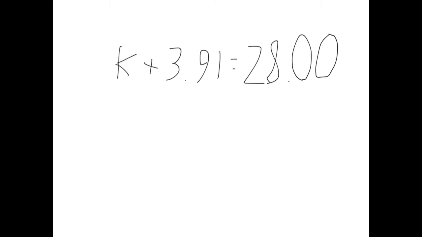Okay, so now we are going to be doing addition. But what you have to do to undo addition, you can probably guess it, subtraction. Yep, there you go. And, oh yep, almost forgot. You gotta do it on both sides. So you gotta do both sides here.